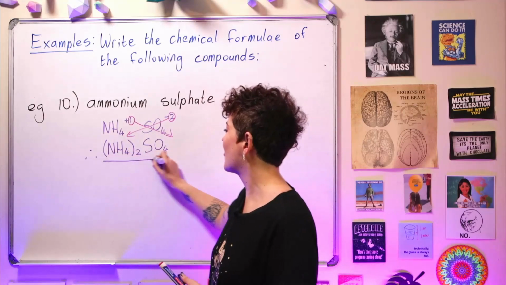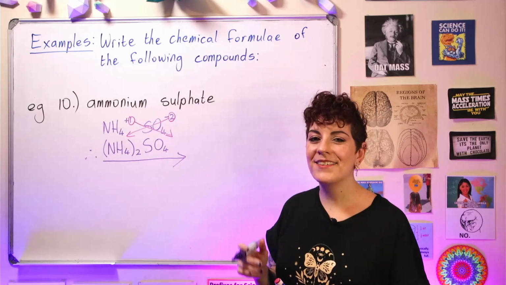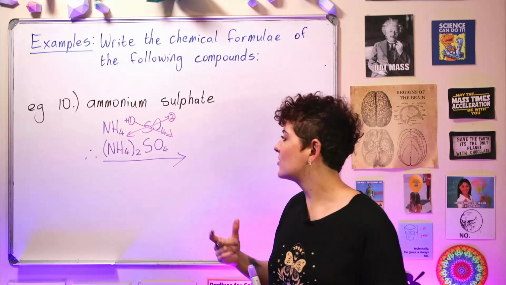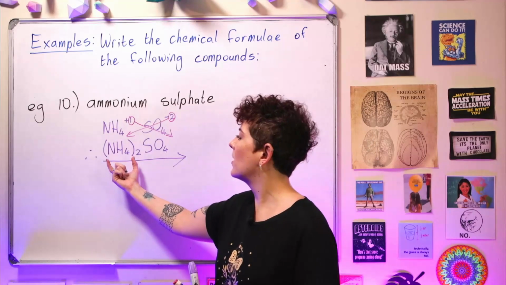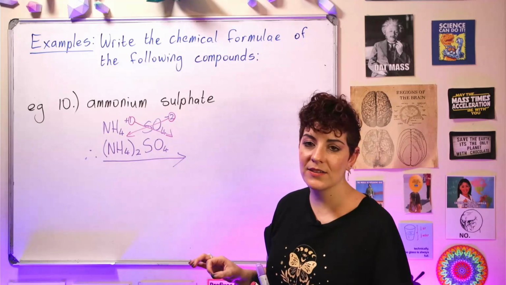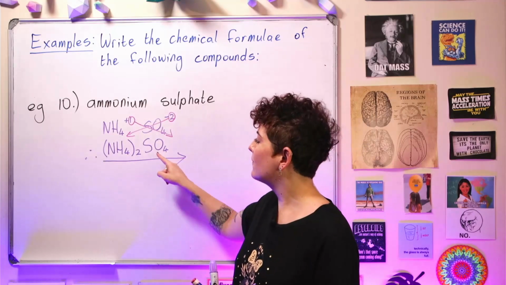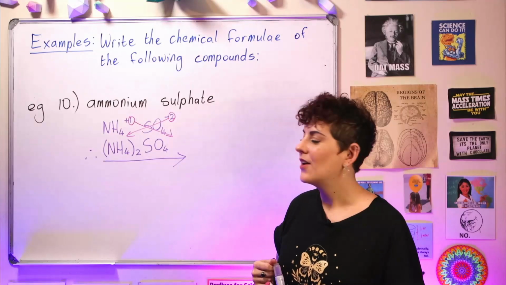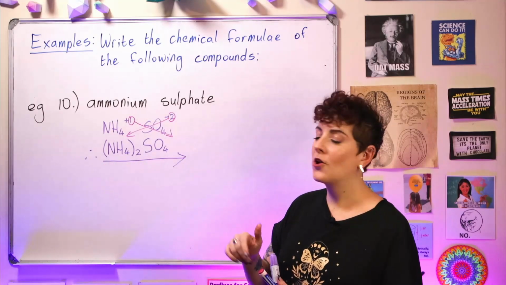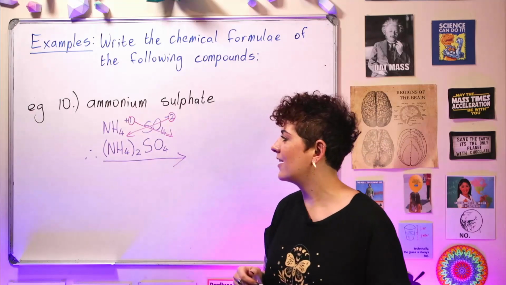It's a pretty crazy looking formula, but that is the correct formula of ammonium sulfate. It's got 2 ammonium polyatomic ions, so we put the ammonium in a bracket, and it's got 1 sulfate polyatomic ion. The positive ammonium ion comes first in the formula, followed by the negative sulfate ion.